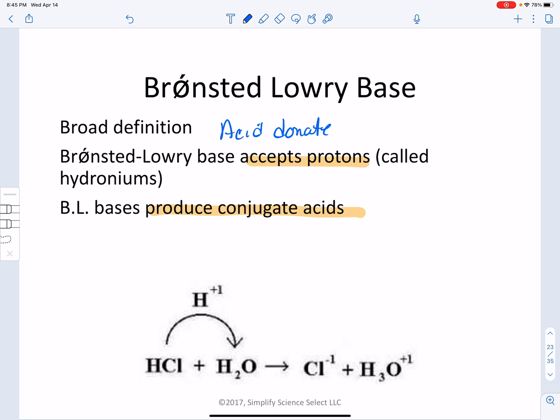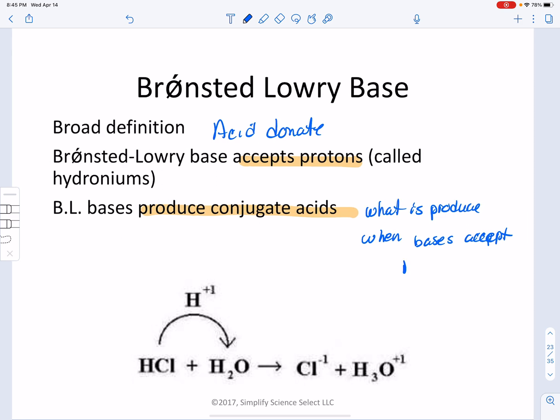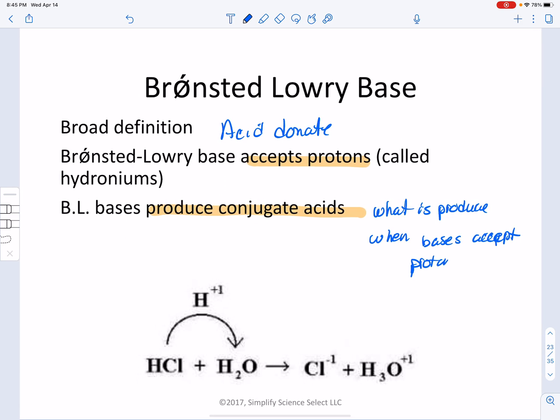So this is what is produced when bases accept protons. We'll identify the parts down here. We're looking for the thing that's accepting a proton, and that will be our base.